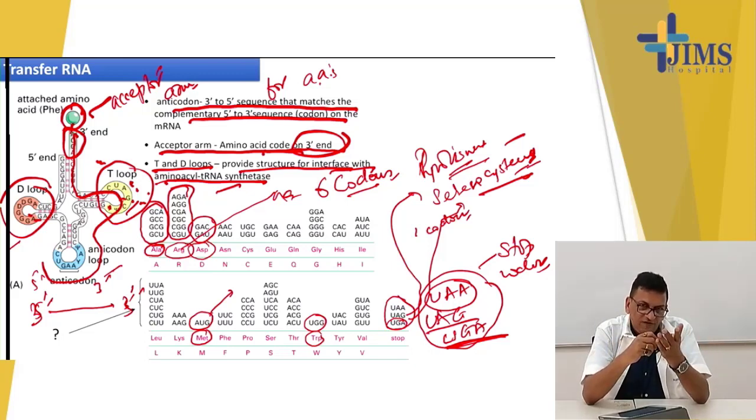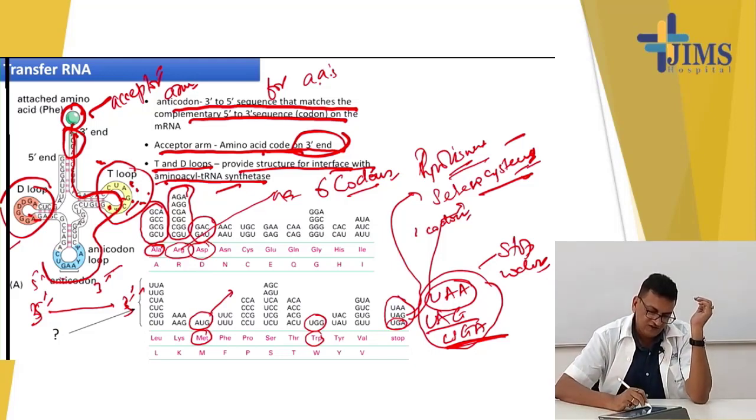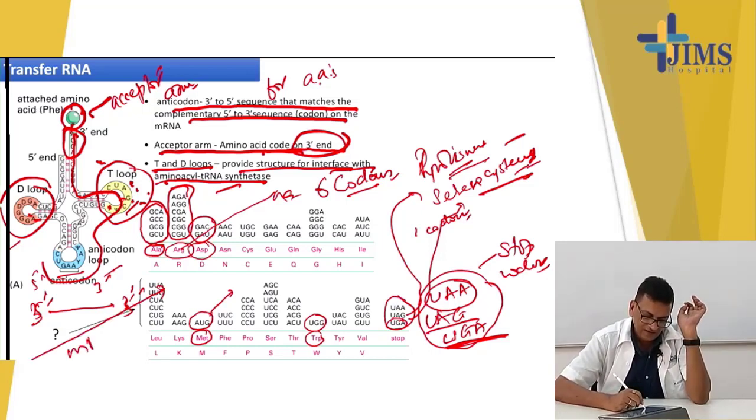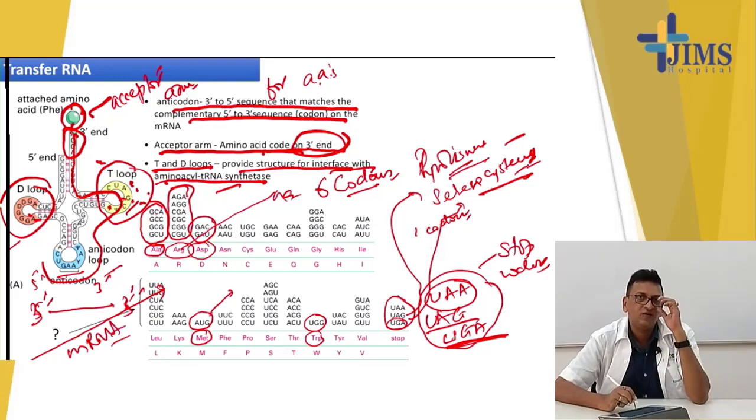So at that moment you expect the free tRNAs are ready, and they are getting activated by amino acid tRNA synthetase and bind with the amino acid. Okay. So that they recognize the codons. The anticodons present in the tRNA will recognize the codons in the mRNA sequence. You get my point?